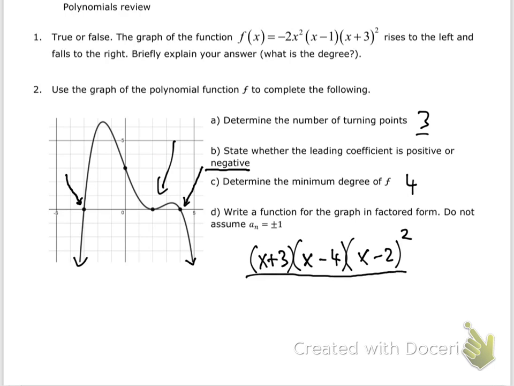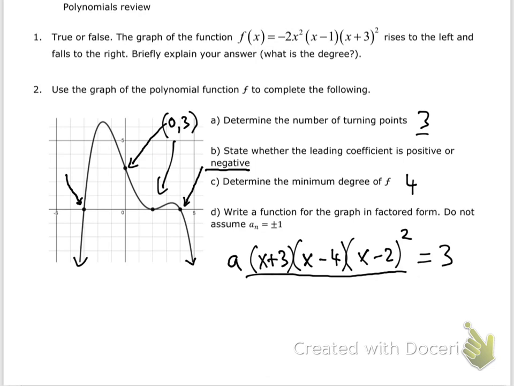That's the function in factored form, but I have to figure out now that, look, it has a y-intercept of 3. So we're going to put an a in front of this. Now, if we set x equal to 0, do we get a y-intercept of 3?